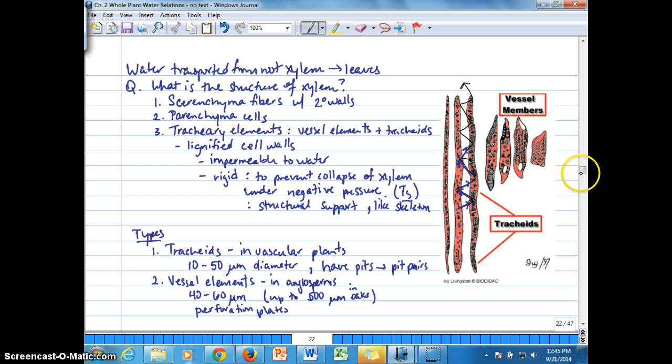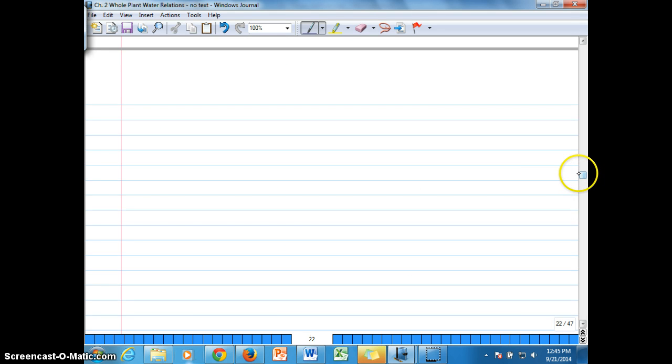Alright, so we can use these diameters to ask the question, which would have a higher rate of hydraulic conductivity?